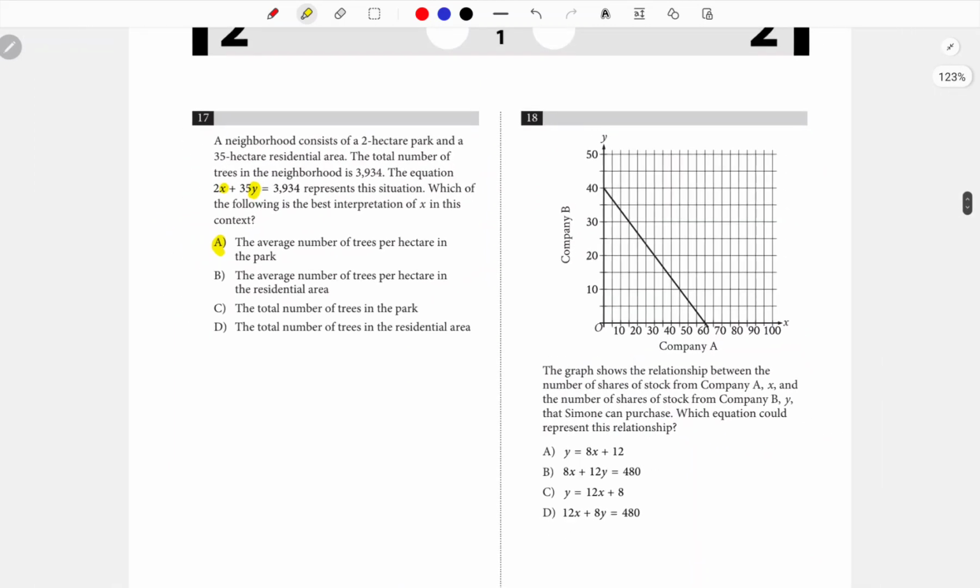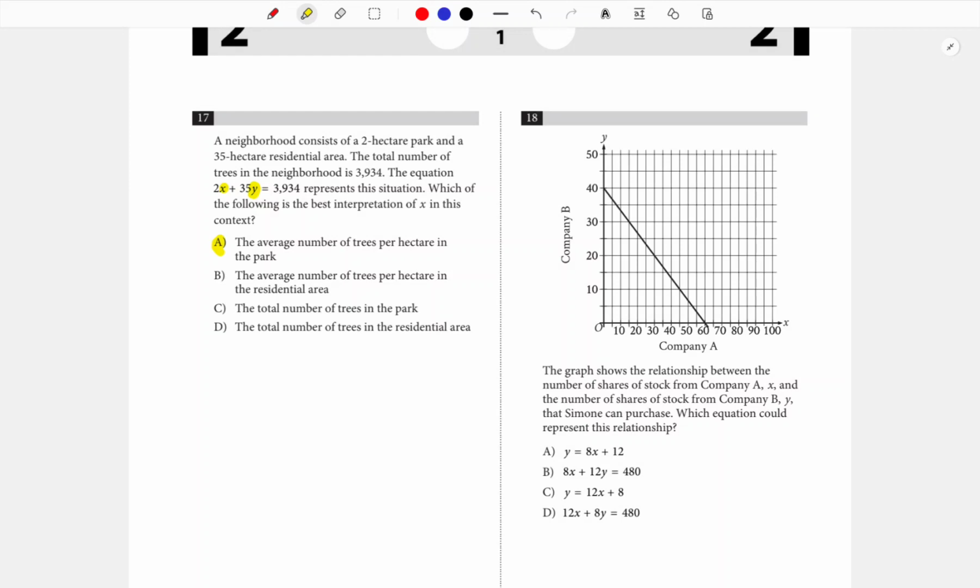Question 18. The graph shows the relationship between the number of shares of stock from company A, x, and the number of shares of stock from company B, y, that someone can purchase. Which equation could represent the relationship?